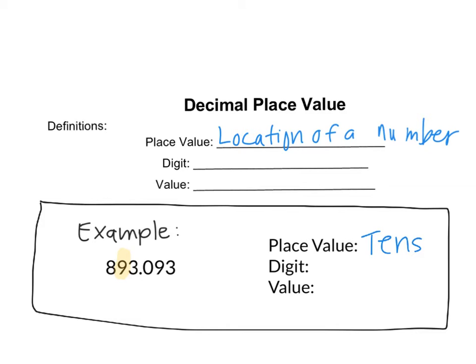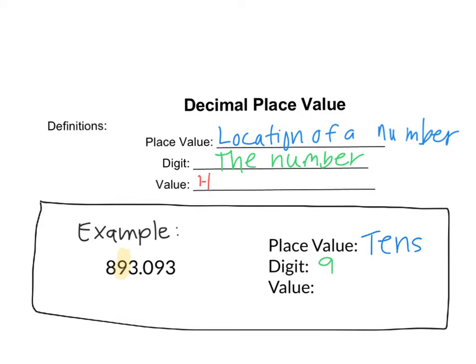All right, let's talk about what digit is. If we're talking about the digit, that's the actual number itself. So if we look at the example below, again, we've highlighted that 9. The digit is 9. That's the number. And then lastly, let's talk about value. Value is going to be how much that digit is worth.